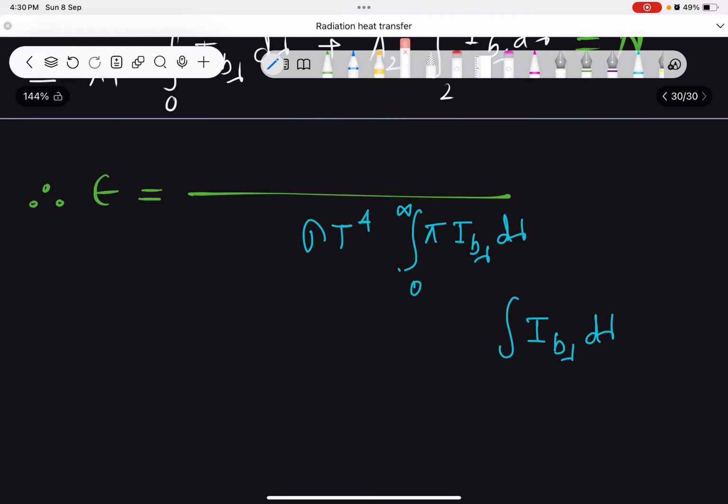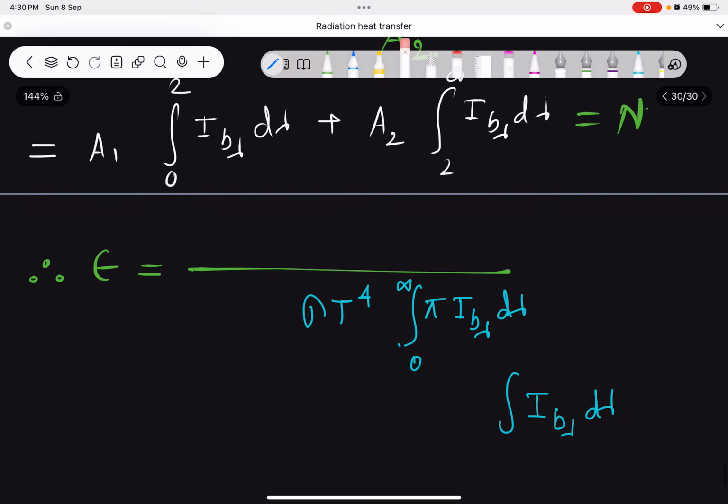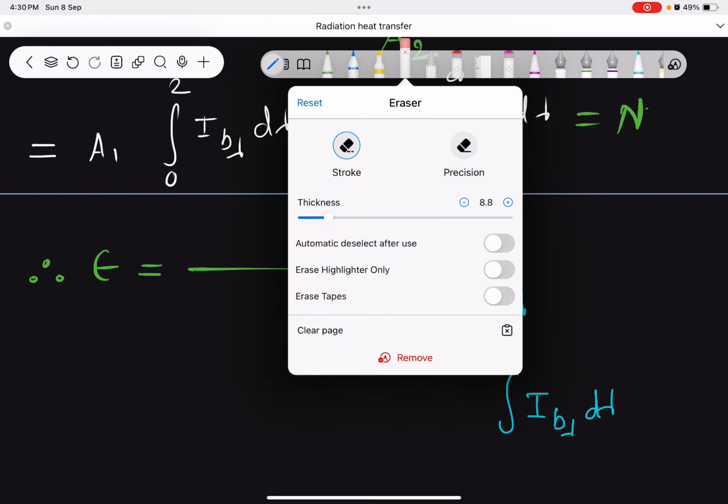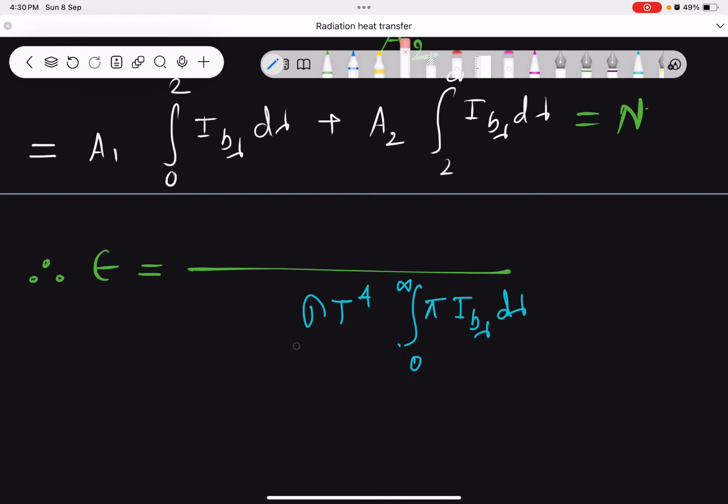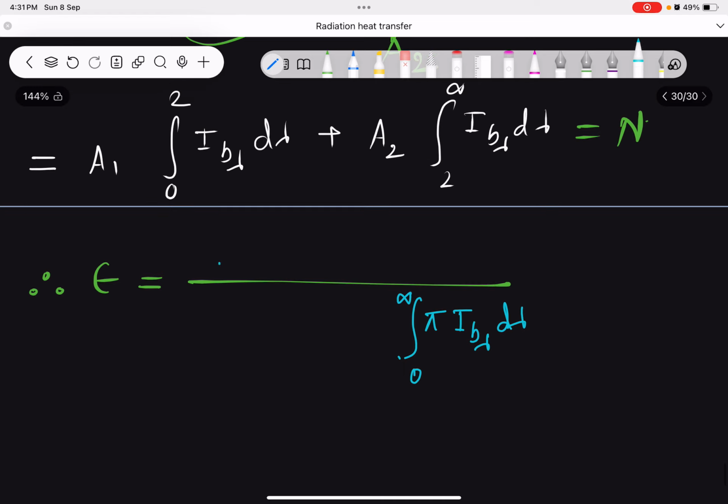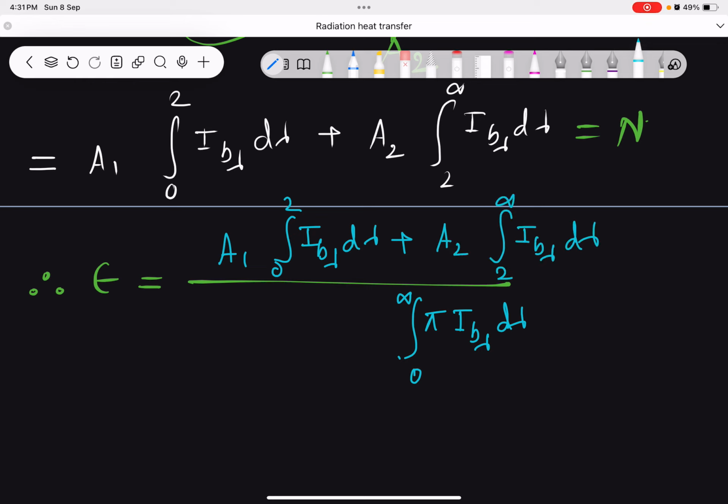So I will write this like this. Epsilon, this thing, becomes your array. This becomes a1 times the integral 0 to 2 of Ib lambda d lambda plus a2 times the integral 2 to infinity of Ib lambda d lambda.